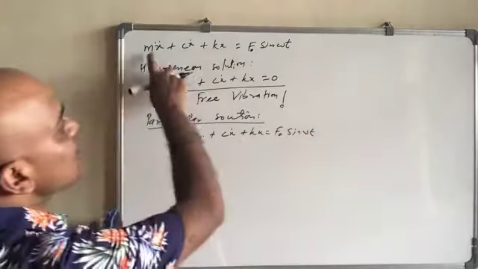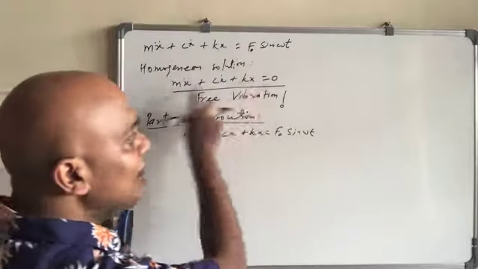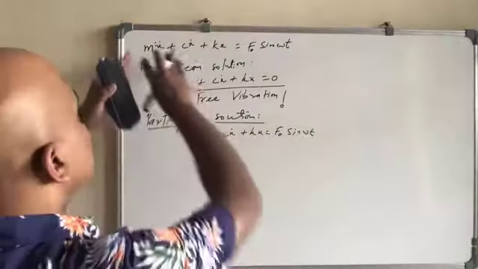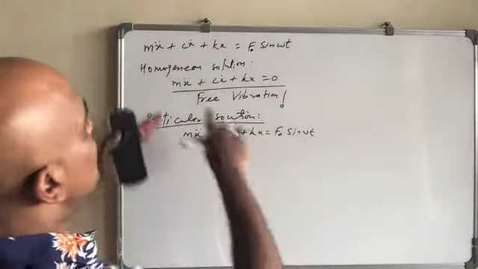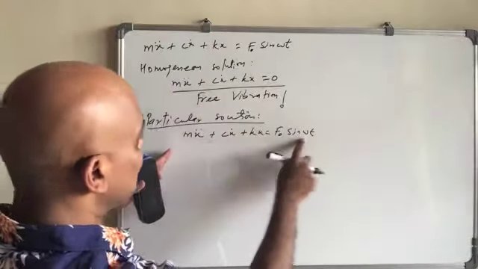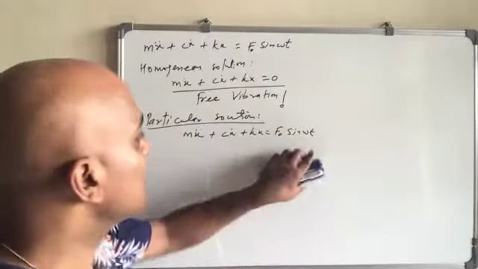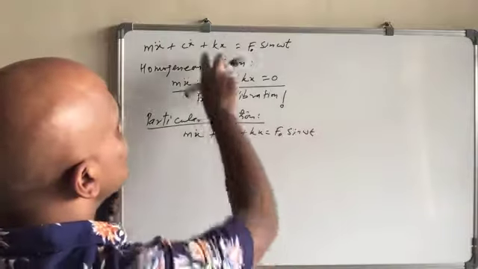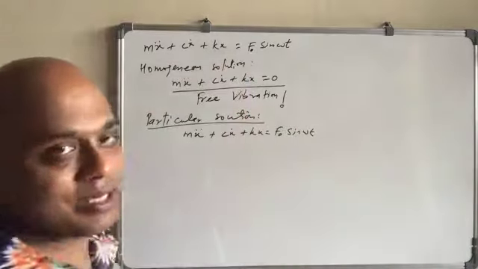So when you are solving for this one, you also have to solve for the homogeneous one, because this automatically implies both. You can put this equal to 0, so 0 plus 0 is 0. That means this is also understood there.